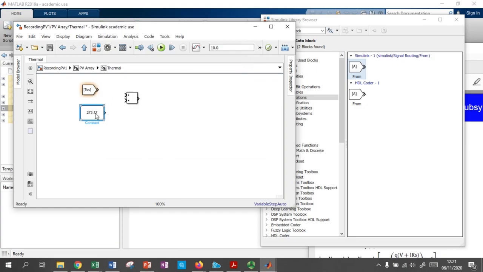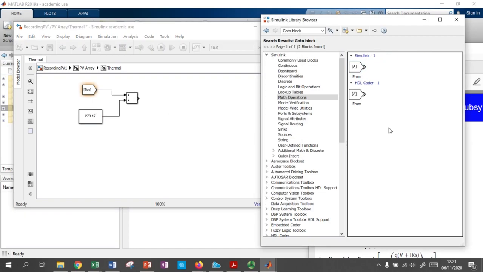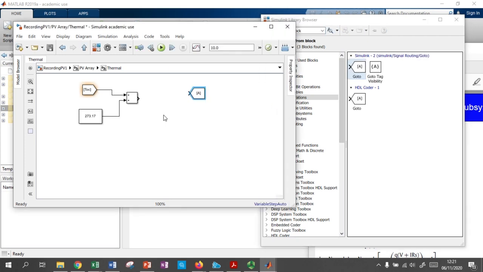See now. Okay, then very simple. I will connect them together. Then I have this one. Then I should show this in my one variable in the output. So I am using the From block. In the From block we can find it here. This is a Goto that is coming here. I will connect it to this one. Okay.